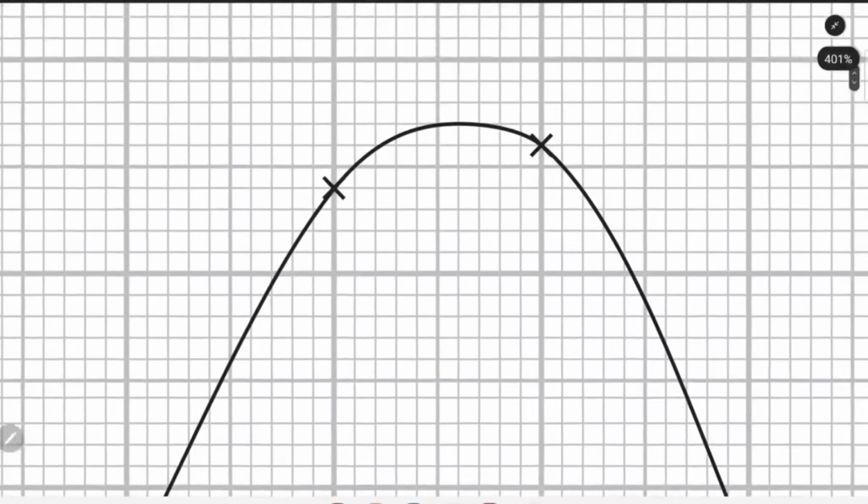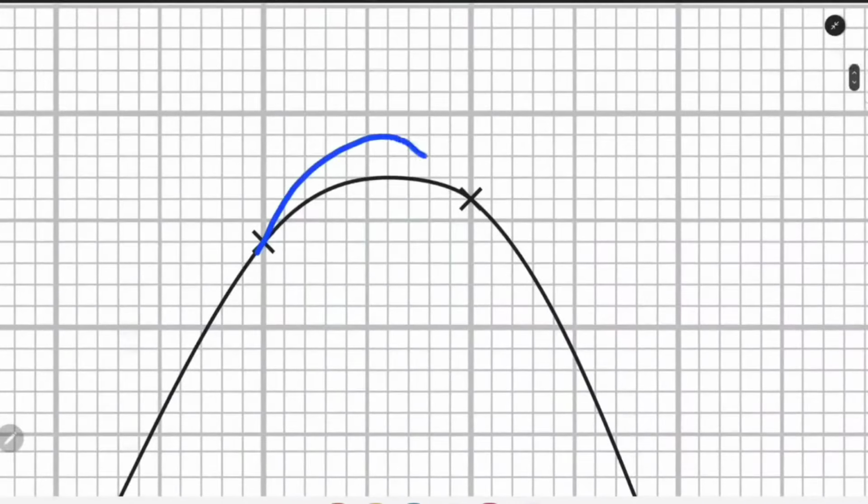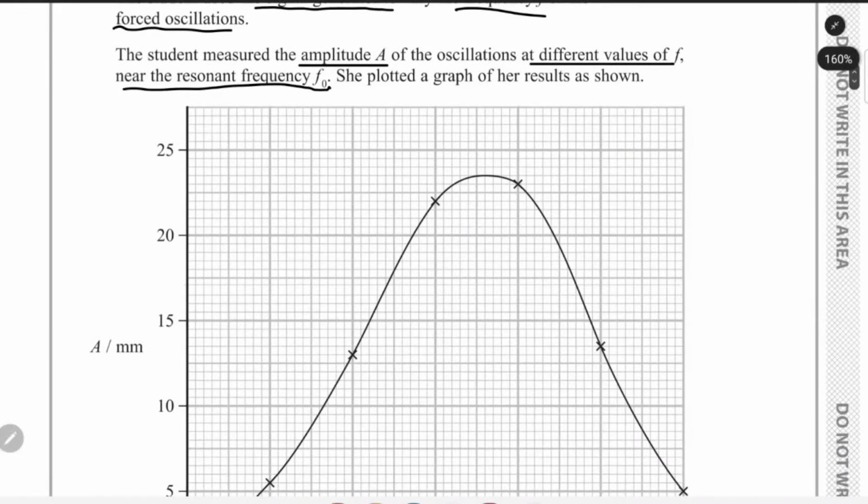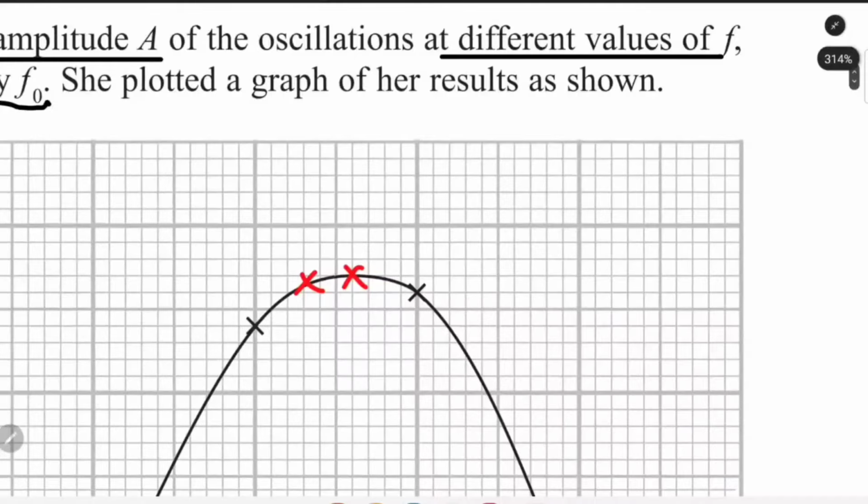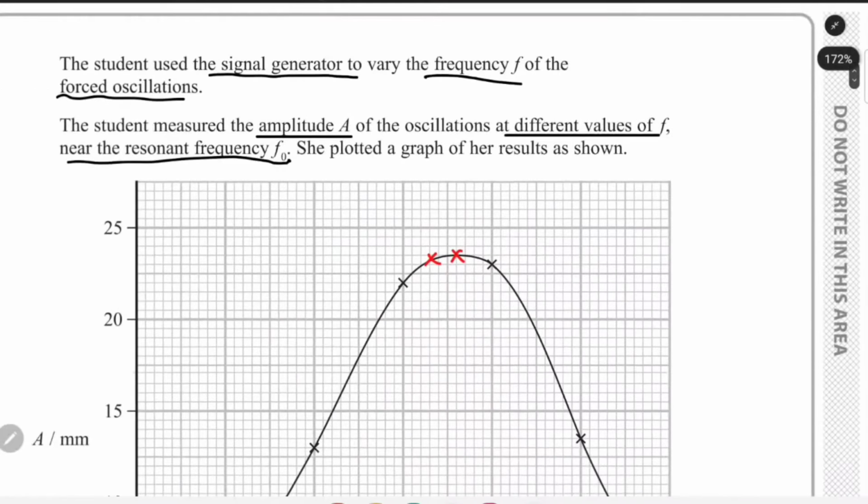So the graph may have also been like this, something like this, or something like this. So the peak might have been anywhere over here somewhere. So if we had more readings in this region, we could tell that this is the peak more reliably.